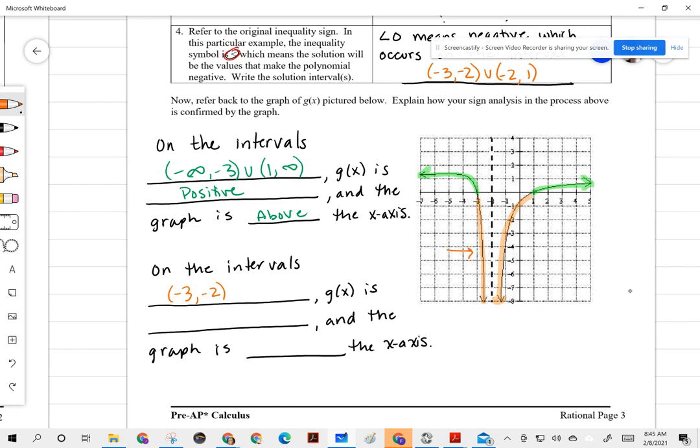That's this side of the graph. Can't include that, right? And then from -2 to 1, g of x is negative, right? And the graph is below the x-axis.